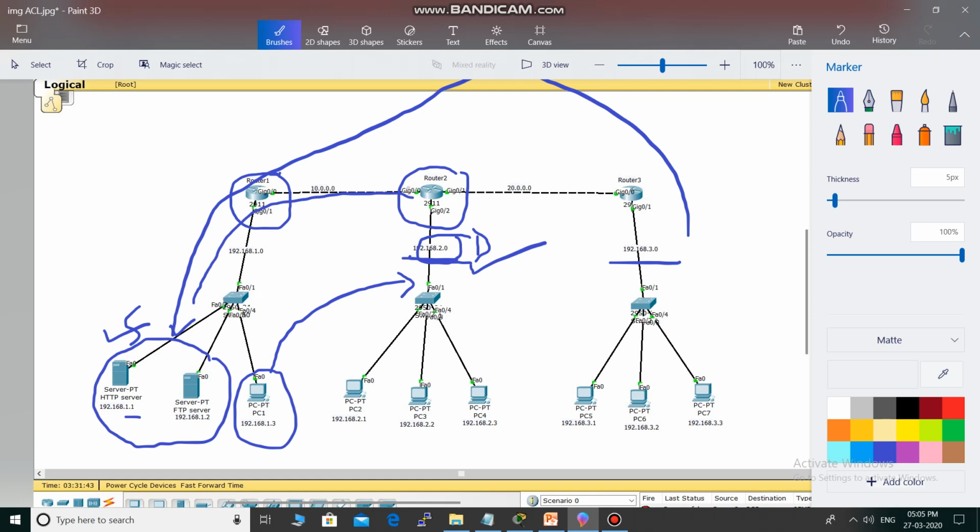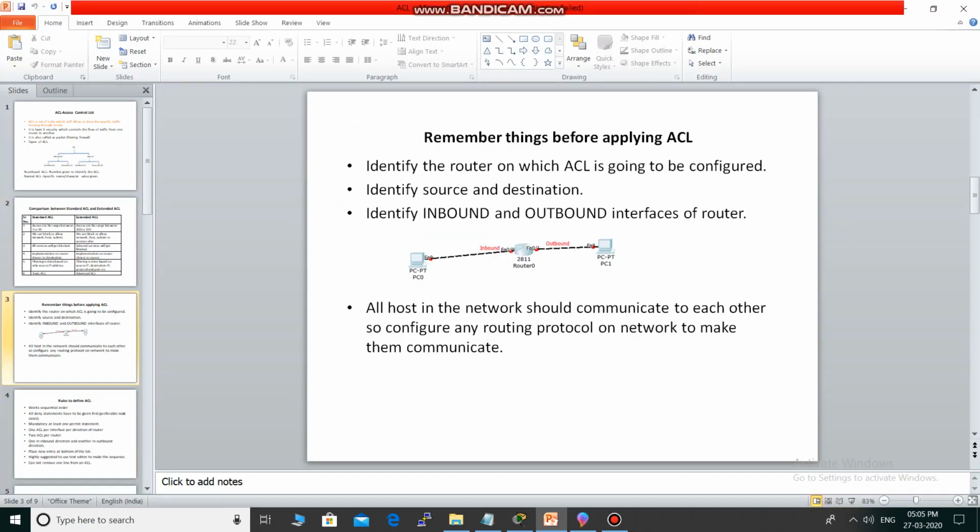That means this interface of the router is called the inbound interface, and packets are moving from the inbound network to the outbound network. So this interface of the router is called the outbound interface. So we need to identify the inbound interface as well as the outbound interface.